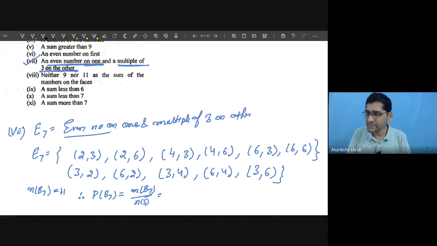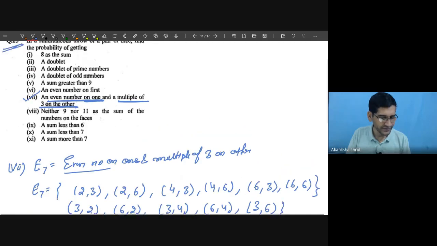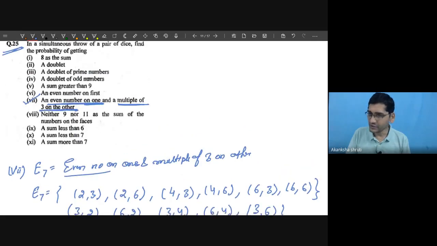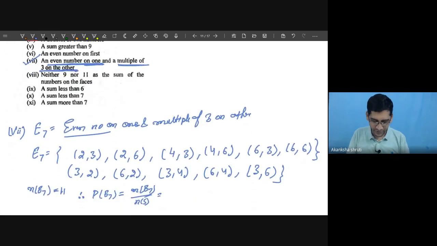These are very simple things where students commit mistakes. I have also observed, even from previous batches, that students make mistakes in this smaller thing only. That's why their marks in probability are deducted. So be careful. It becomes 11 by 36 is the answer.